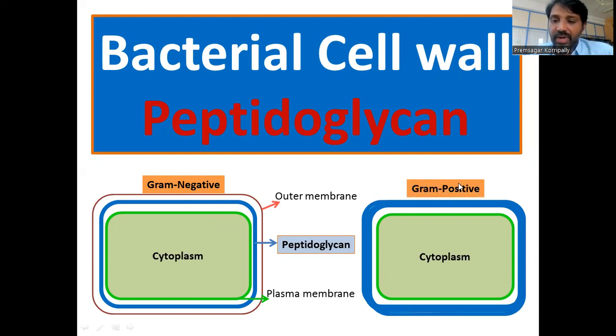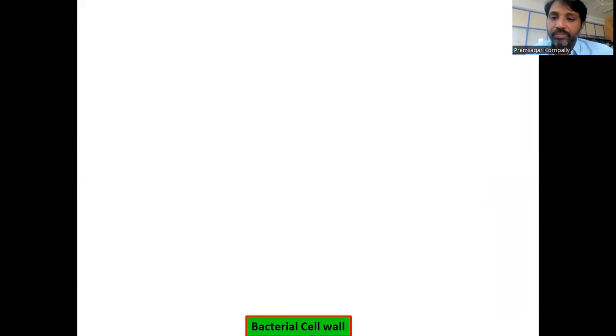Whereas gram positive bacteria have a thick cell wall, where 90% of the cell wall is peptidoglycan, and then the plasma membrane. As I told you, retaining the color all depends on the cell wall thickness. The cell wall mainly consists of peptidoglycan. So in the next slide, I want to explain the chemical composition of the peptidoglycan.